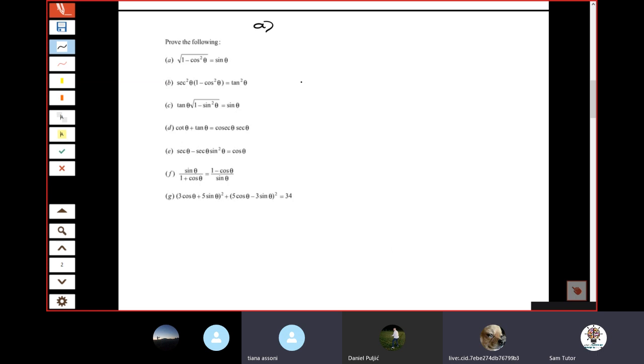Now, the biggest mistake everybody makes when they're starting a proof question is they think they have to write both sides out. You're not allowed to write both of them out. The technique works like this. You have to start with the left-hand side or the right-hand side, usually the left-hand side. So we'll say LHS, left-hand side, equals the square root of 1 minus cos squared. And what we're trying to do is get this eventually to become sine theta.